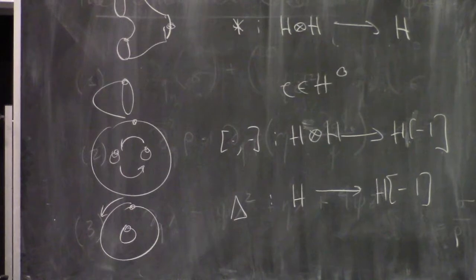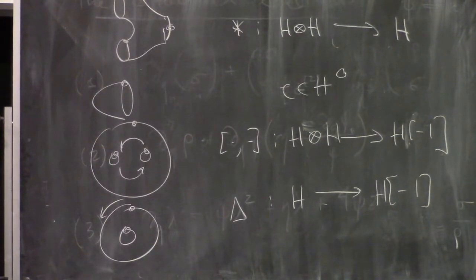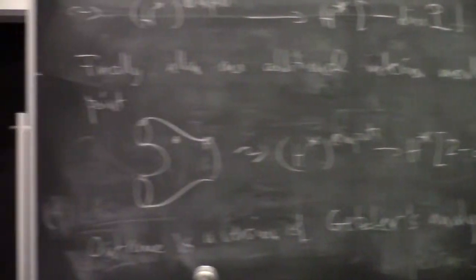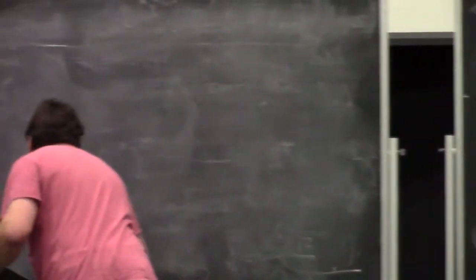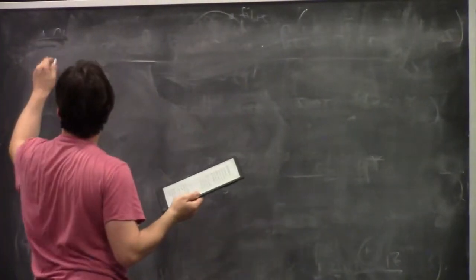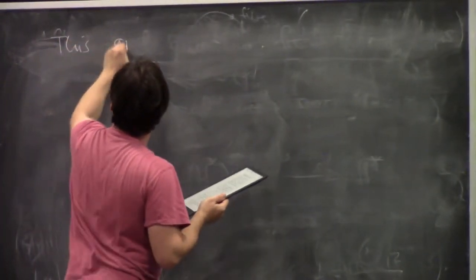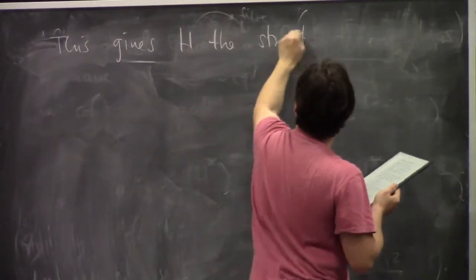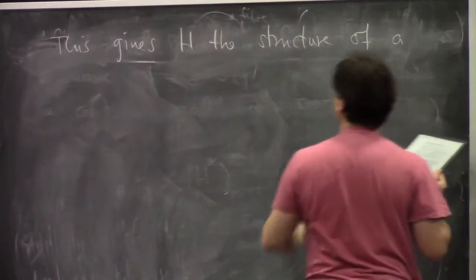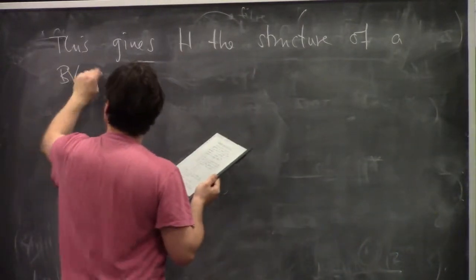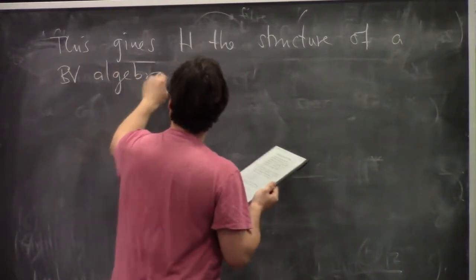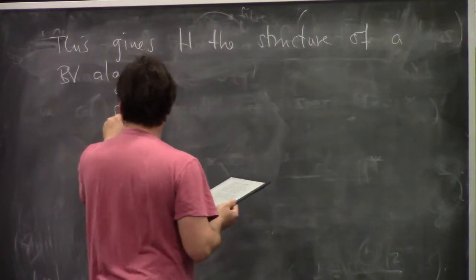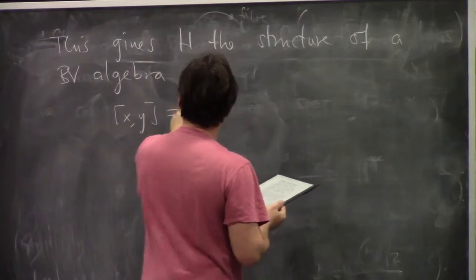So this is H, the structure of a BV algebra. You can obviously combine these operations in various ways. In fact, one of them is redundant because you can reconstruct the bracket from the product.